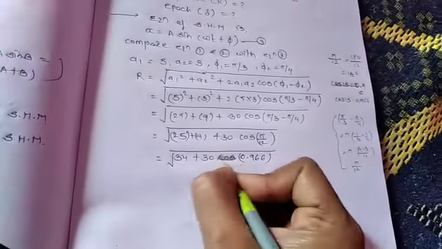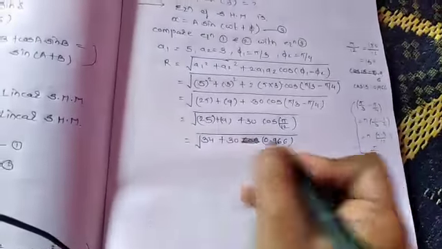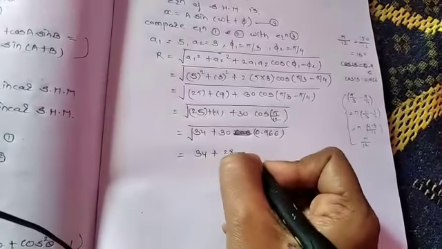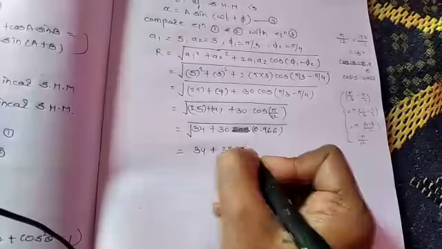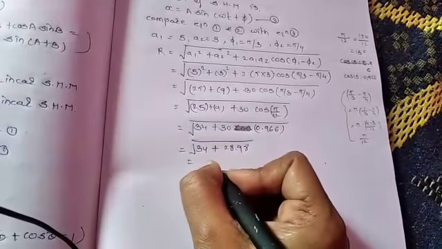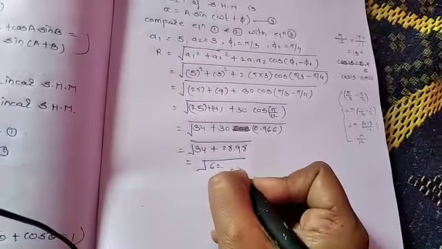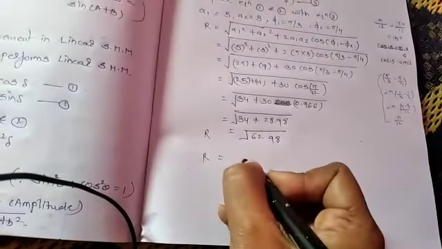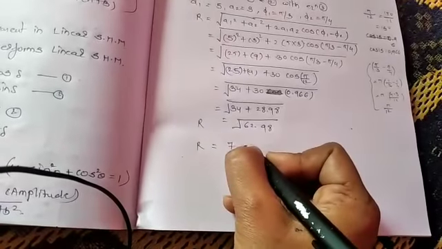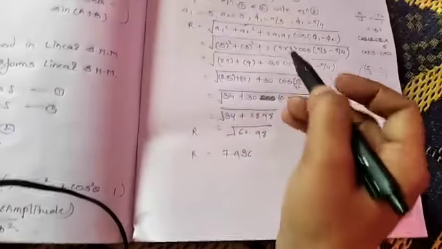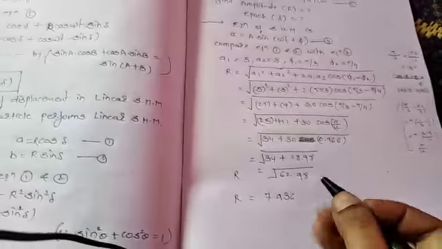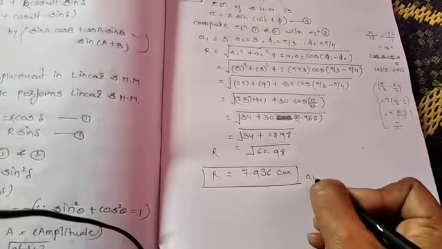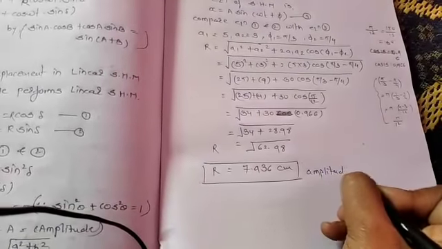Multiplying by 30, we get 34 plus 28.98. This will be the root of 62.98. The square root of this is 7.936. As the two equations are in centimeters, this resultant amplitude is in centimeters. This is nothing but the amplitude.